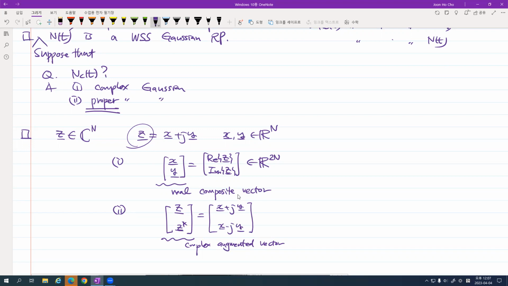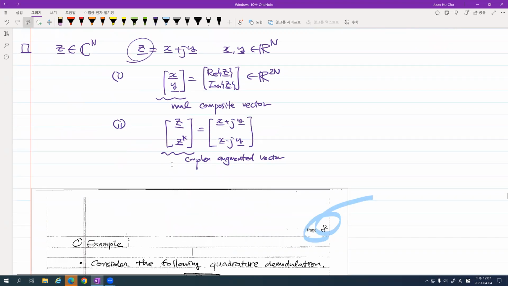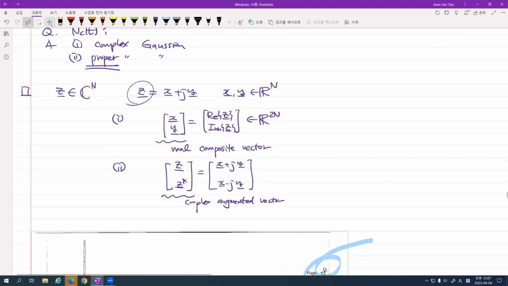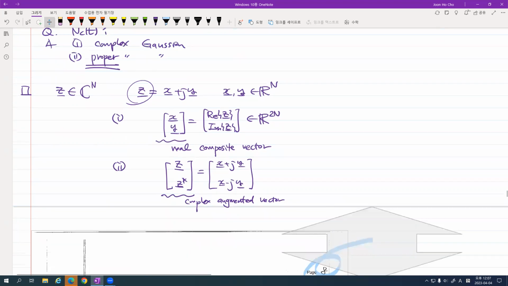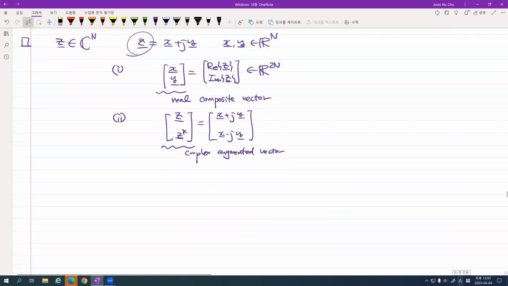Suppose you build a filter that processes a complex vector. The simplest signal processing unit would be a linear processor. So here goes a linear filter that processes Z. And that will look like what?